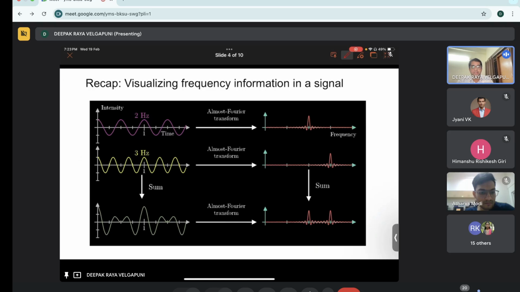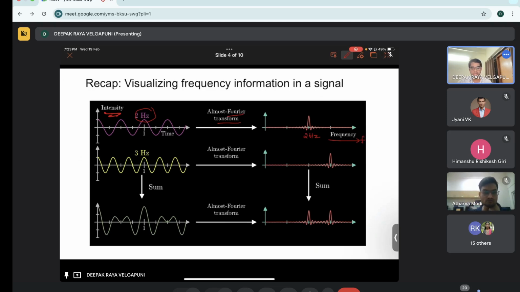Now just a recap of visualizing frequency information. So like we discussed in the last class, this is the time signal. It's a 2 Hz sinusoid, and when you do a Fourier transform on this signal, it converts time domain to frequency domain. So this x-axis is frequency axis, and you can see at 2 Hz here, you see a peak. This is frequency, this is time.